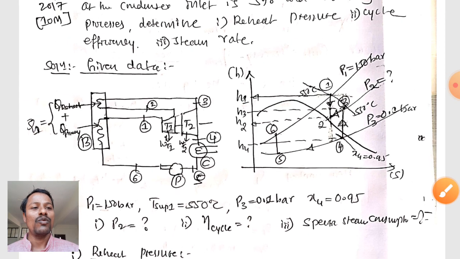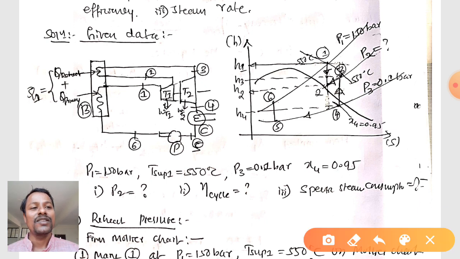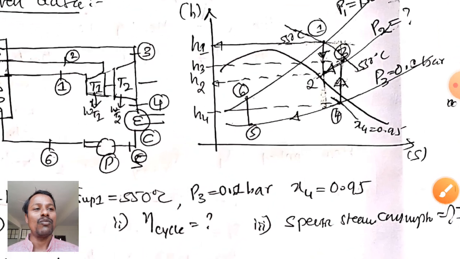One more given data is the dryness fraction at the outlet of the turbine, that is X4 he has given, and again he has given the condenser pressure. So the condenser pressure is 0.1 bar and the dryness fraction is 0.95. I will use both of these data to mark it on the Mollier chart.